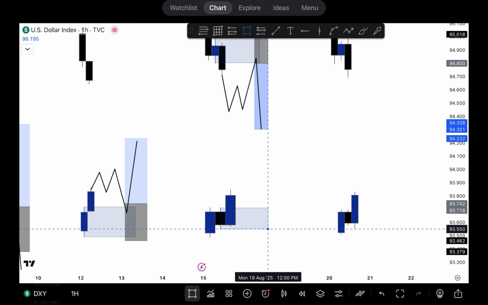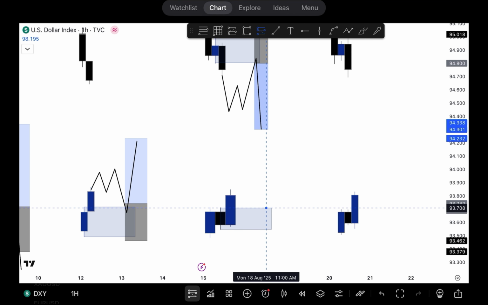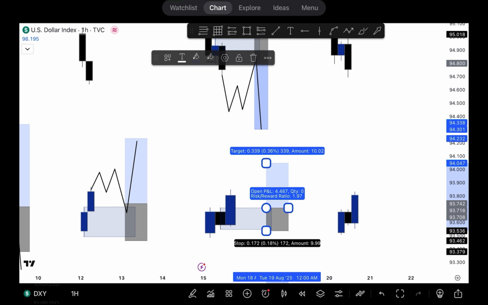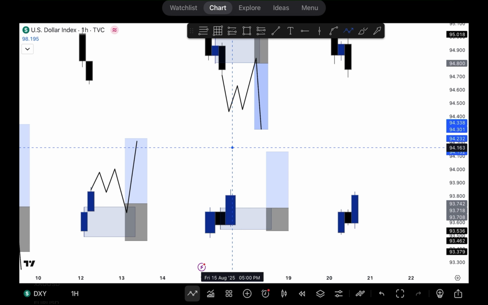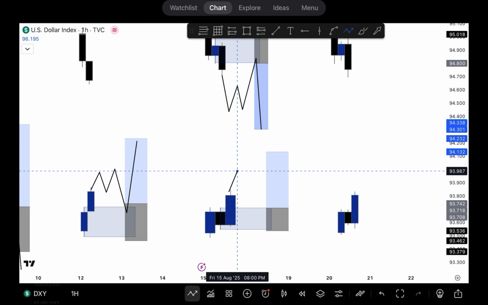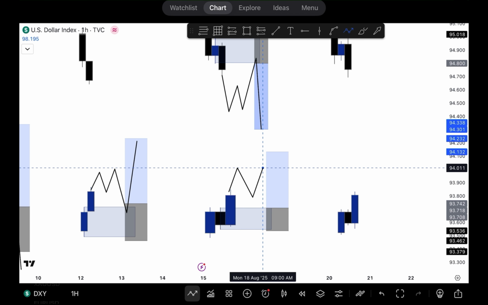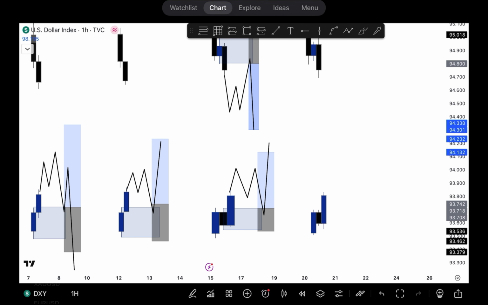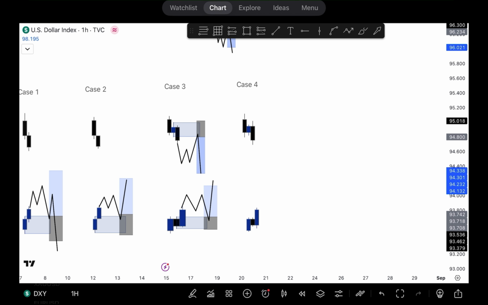So if we extend that out as a valid demand area and we set our buy limit there, there's every probability price does something like this. Boom. And then respects it, making us money, right?